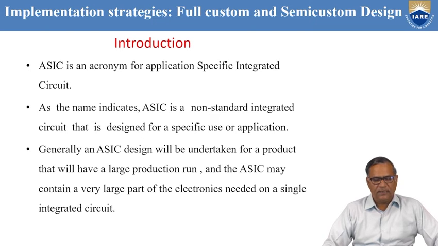ASIC is an acronym for Application Specific Integrated Circuit. As the name indicates, it is a non-standard integrated circuit that is meant for a specific application. Generally, this design is undertaken for a product that has a large production run, and it may contain a very large part of electronics needed on a single integrated circuit.